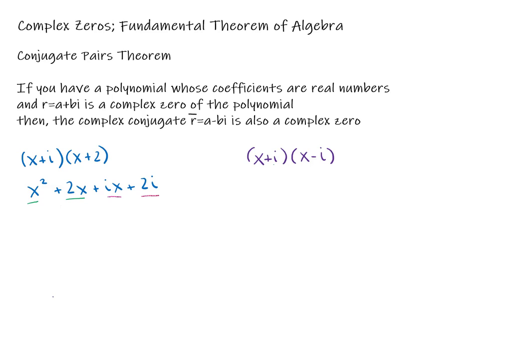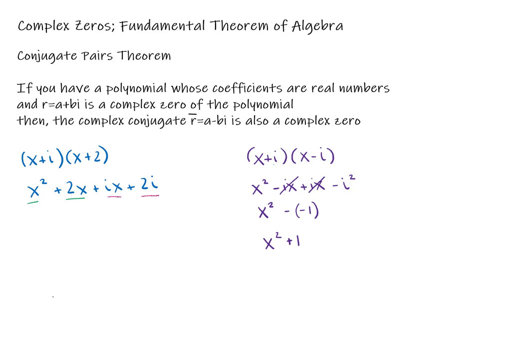But if I have this other polynomial, x plus i and x minus i, and I multiply it out, because I'm multiplying conjugates, those 2 middle terms will cancel out, and the i squared will turn into a real number. When you have roots that are complex conjugates of each other, their imaginary terms will always cancel out, and you'll be left with only the real portions.